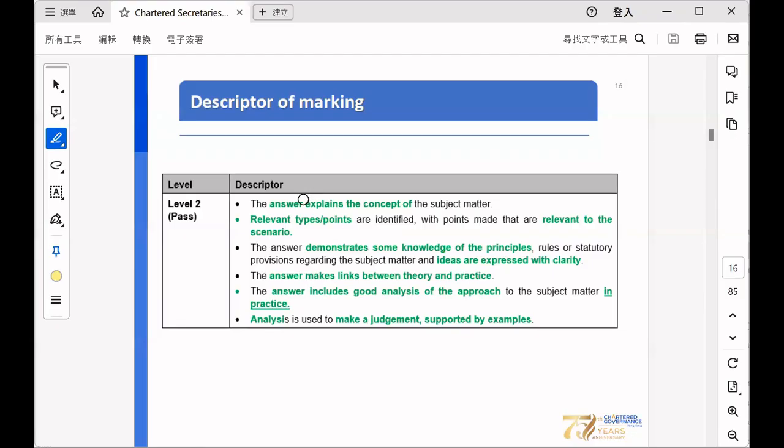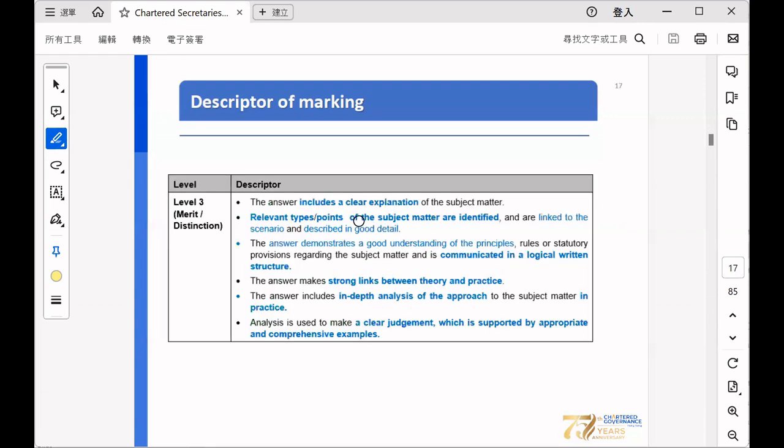So long as you show a good understanding of the principles, so long as you can give a good and clear explanation, so long as the examiner or the marker understands what you are talking about, I think that will be good enough for a simple pass. Simple pass means just over 50 marks.